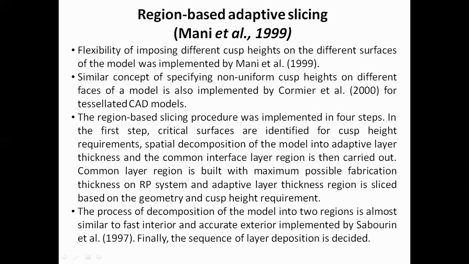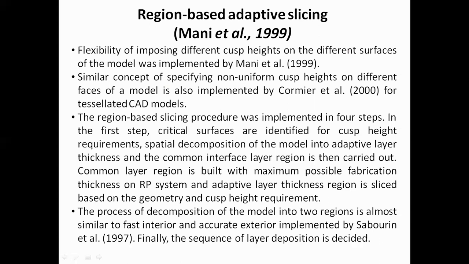The region that Money selected was actually picked up from the concept of fast interior and accurate exterior, where, if you remember, we had two different zones and each zone had its own slicing and filling algorithm.